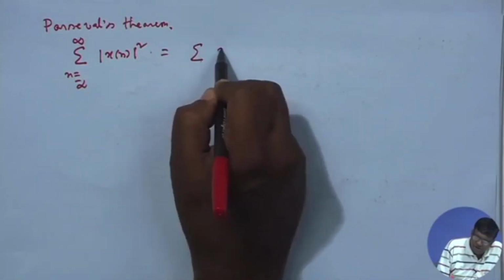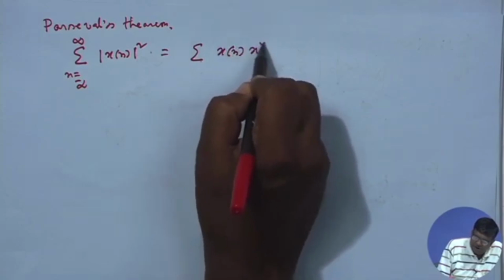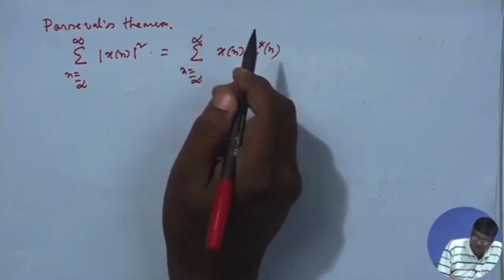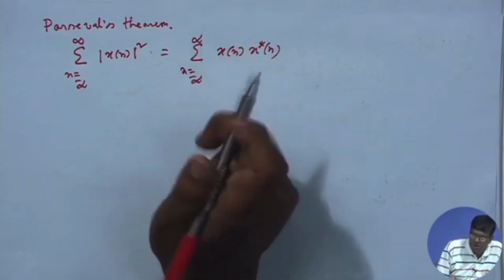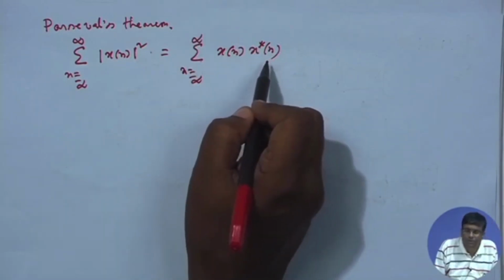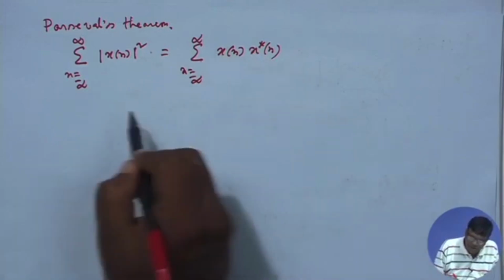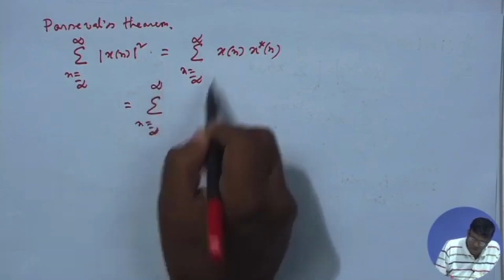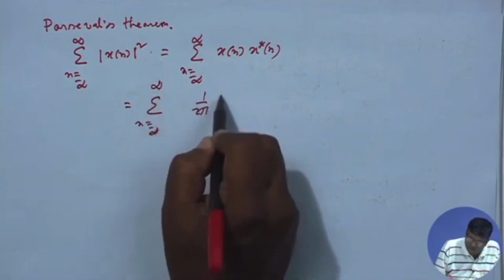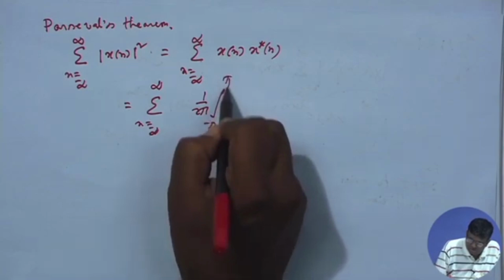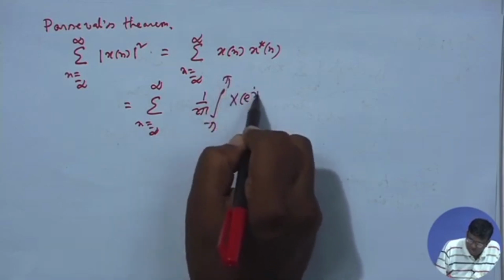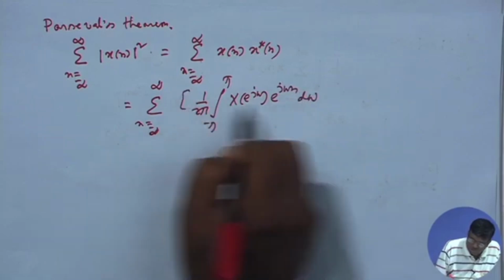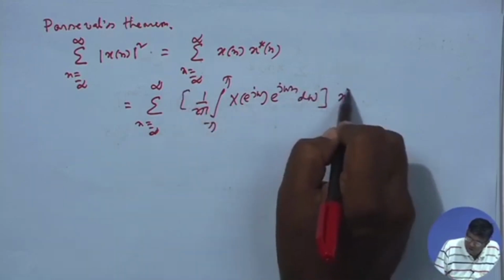Then I can write it as x n into x star n, because mod x n square means, like mod z square means z into z star. So, x n into x star n. Then x n I can replace by its inverse DTFT relation, and outside x star n.